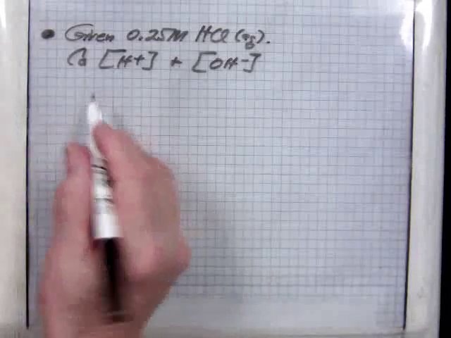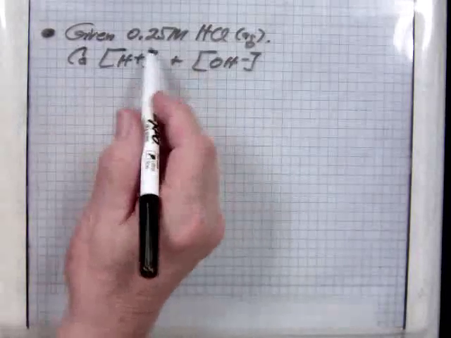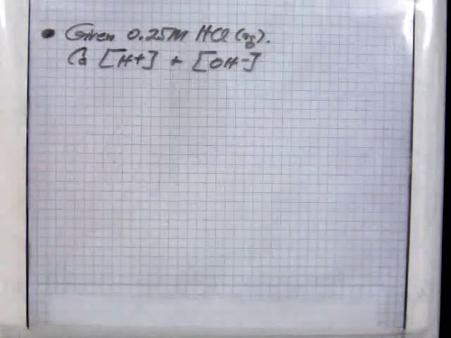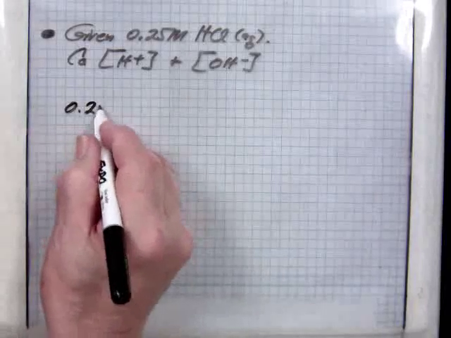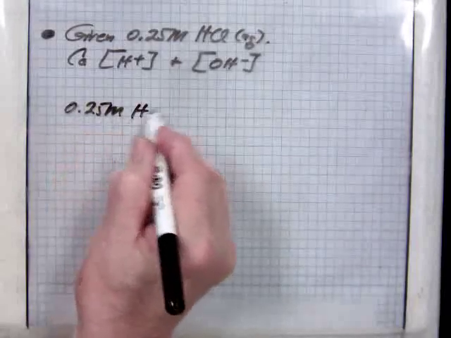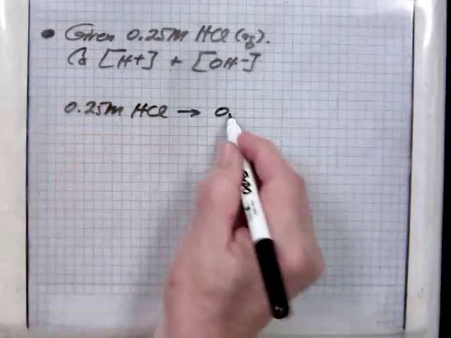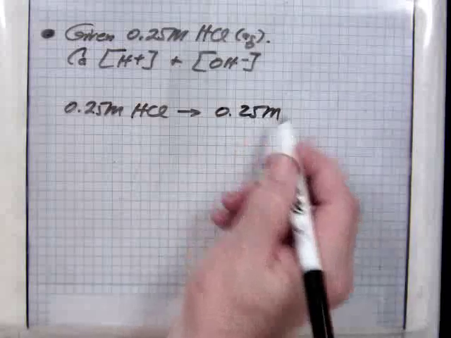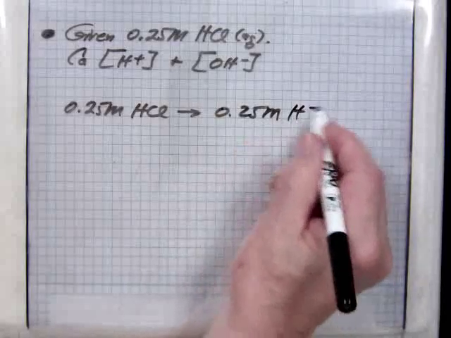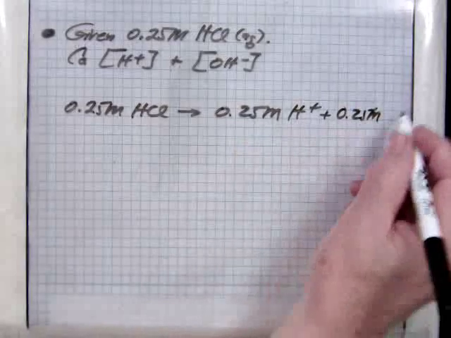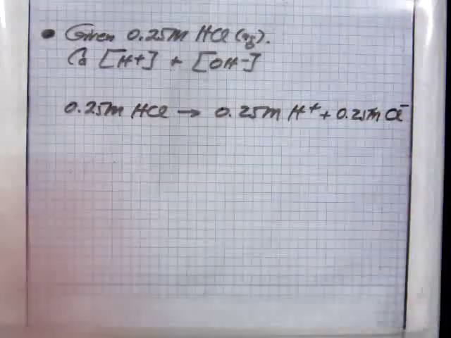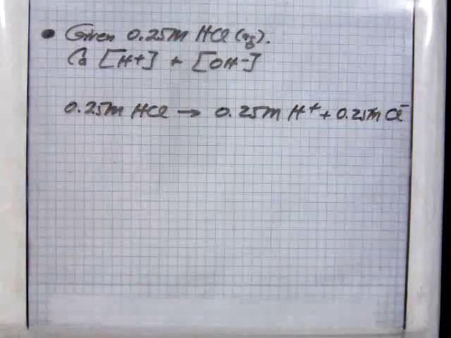Okay, so we're given the 0.25 molar HCl. Is HCl a strong acid? Yeah, so it's going to ionize 100%. So 0.25 molar HCl will deliver 0.25 molar hydronium ions plus 0.25 molar chloride ions, because it's 100% ionized.